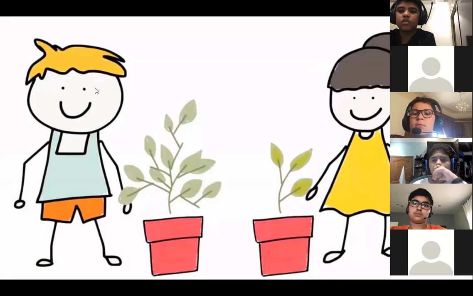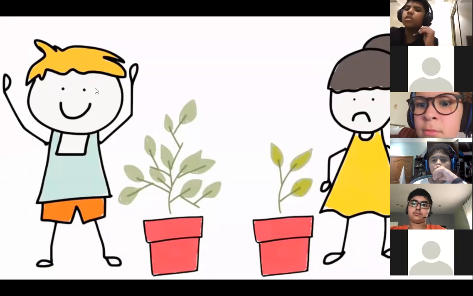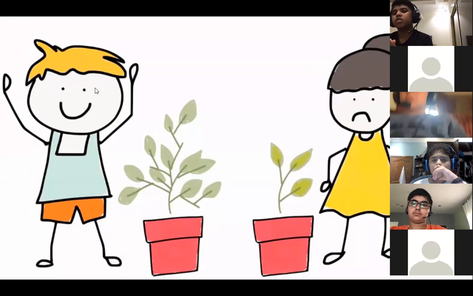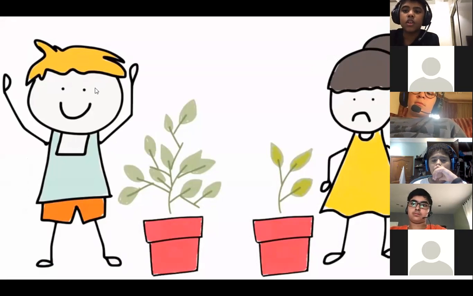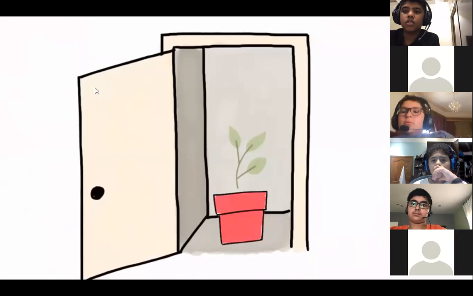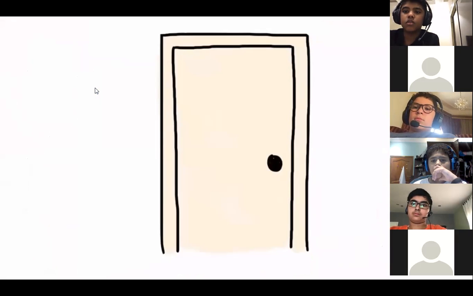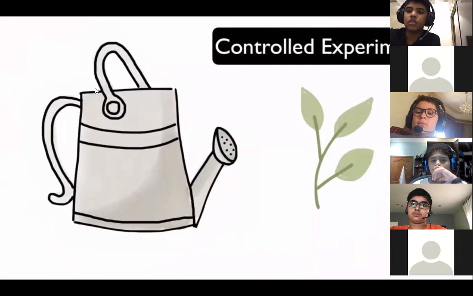Mark's plant is green, tall, and healthy. Molly's is not looking so healthy. Mark concludes that it's better to water a plant once a week. Although Mark's plant is healthier, something in this comparison is not fair. If you remember, Mark's plant received sunlight while Molly's did not. To figure out how much water plants need, Mark and Molly needed to set up a controlled experiment.